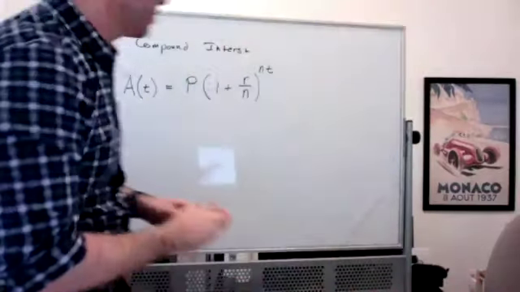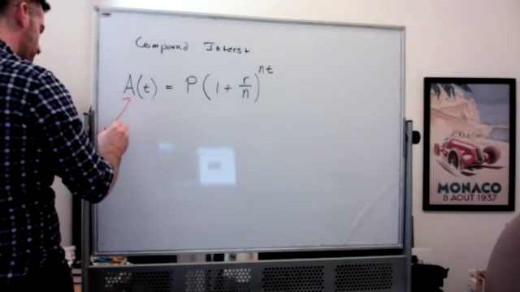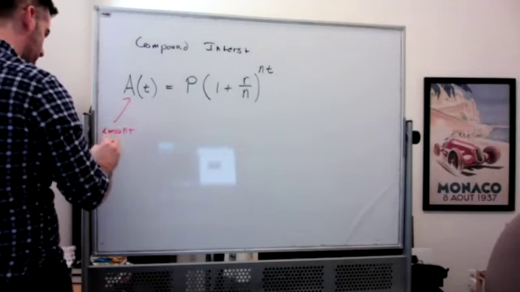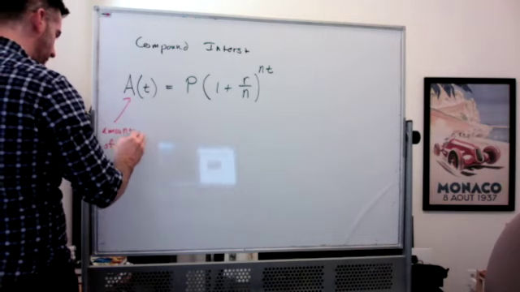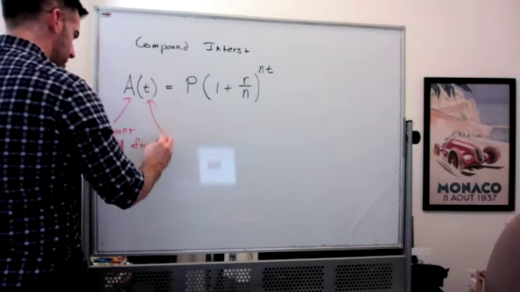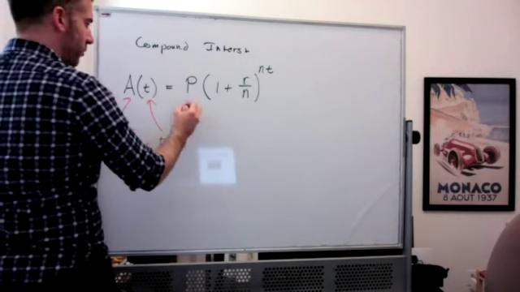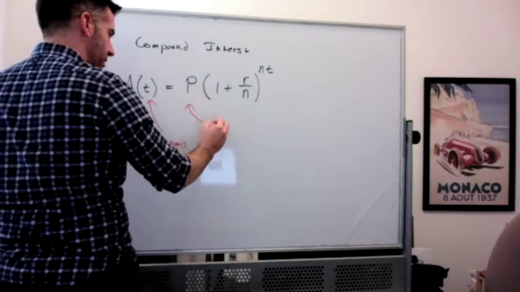Let me label all the things again, and they are labeled in the notes. So A is the amount of money after t years. P is the principal or initial investment.